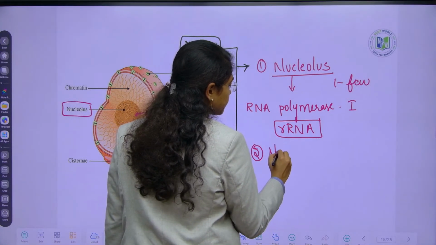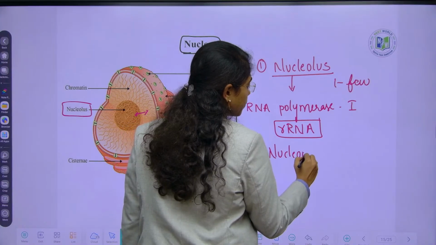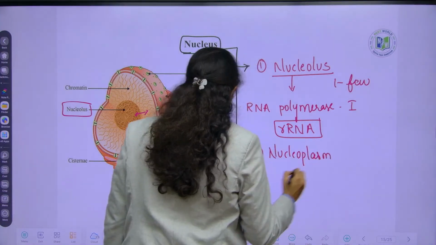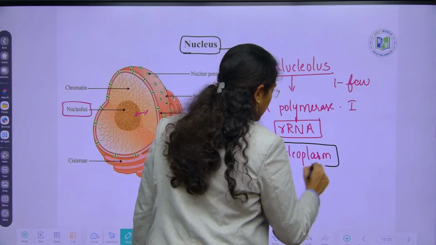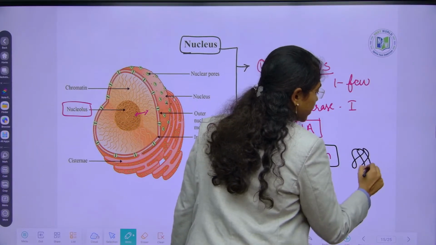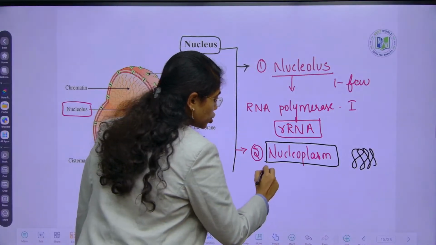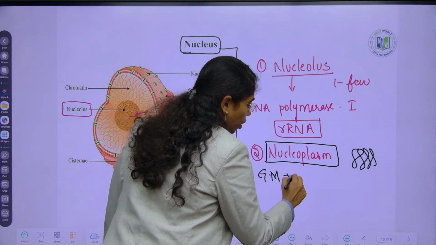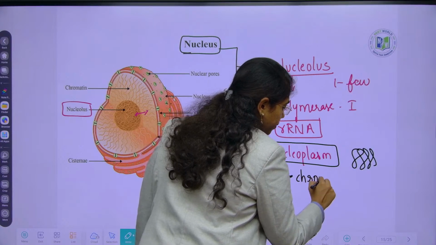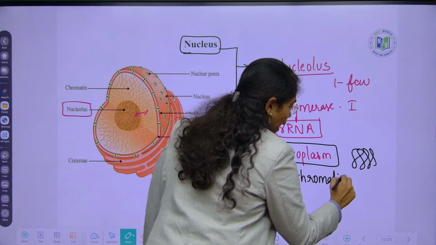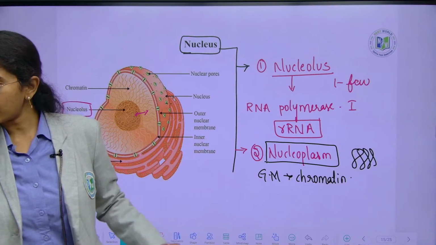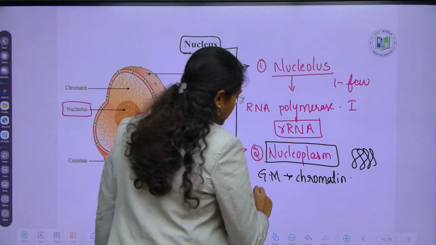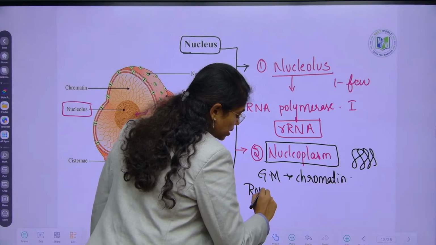And then the second component is what? Nucleoplasm. Nucleoplasm consists of the genetic material in the form of chromatin. And it is the region where tRNA and mRNA are synthesized. mRNA is synthesized by what RNA polymerase?